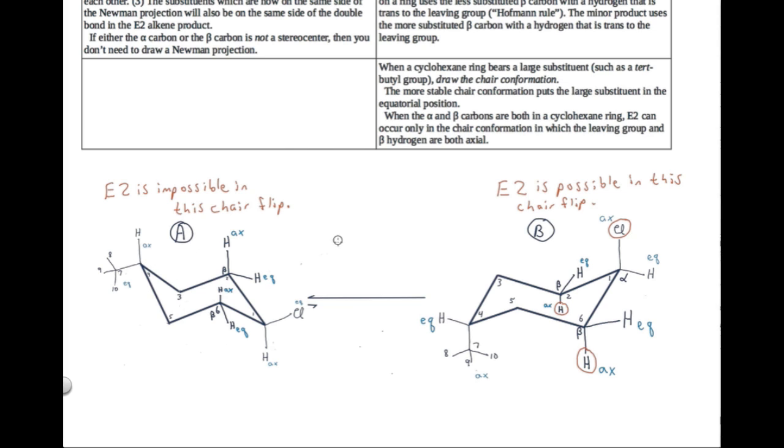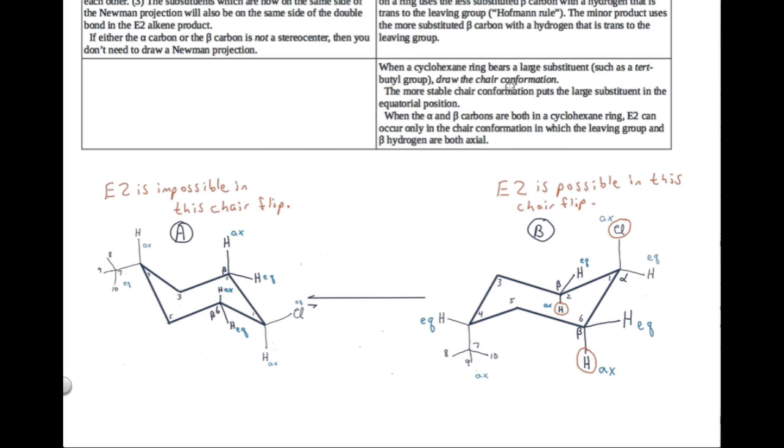But we also figured out that E2 was only possible in chair flip B, because that was the chair flip where the leaving group and the beta hydrogen were both in axial positions. So we determined that E2 would proceed very slowly for this molecule, because E2 can only occur during the rare times that the molecule is in the less favored B chair flip.